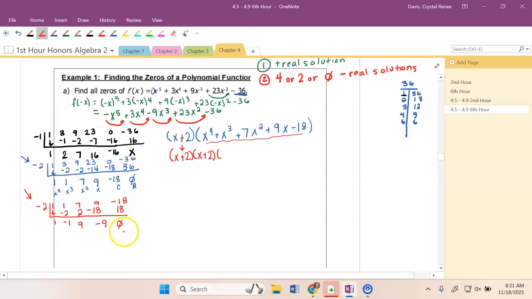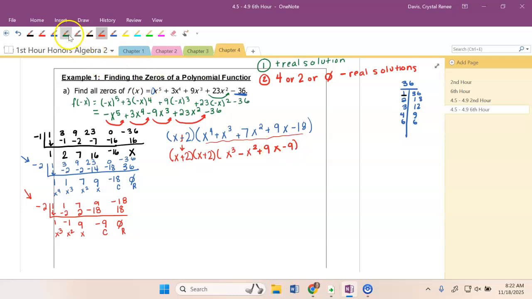And what I get left is x to the third minus x squared plus 9x minus 9.